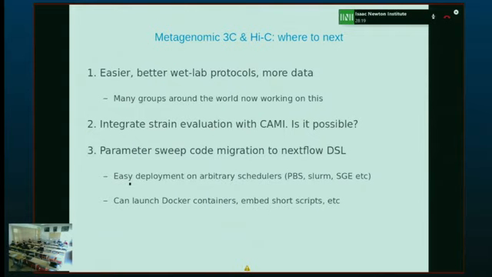And so it'd be great to talk about whether that'd be possible in the CAMI framework. One of the next things that Matt has been doing is to migrate some of this parameter sweep code into something called Nextflow. It's a domain-specific language for workflow management. So that's something that you could talk to him about if you're interested.